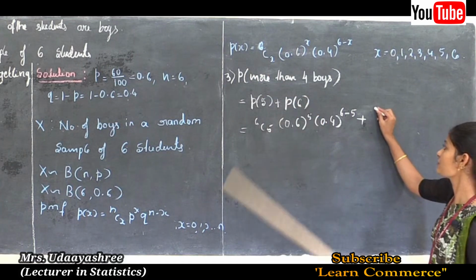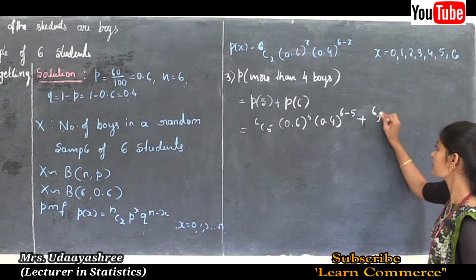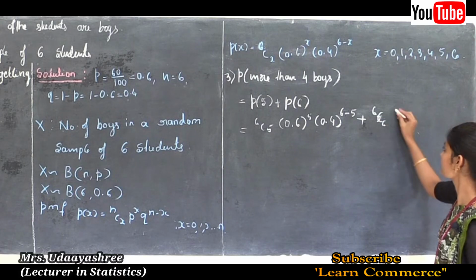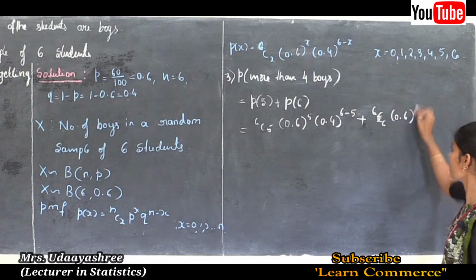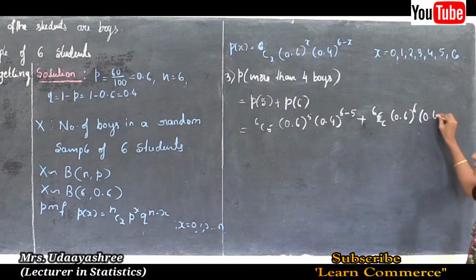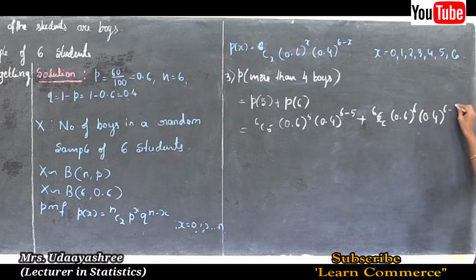So, 6C6, 0.6 to the power 6 and 0.4 to the power 6 minus 6.